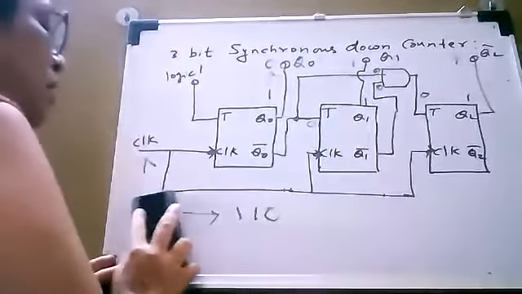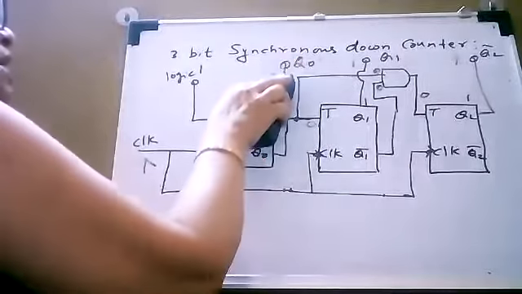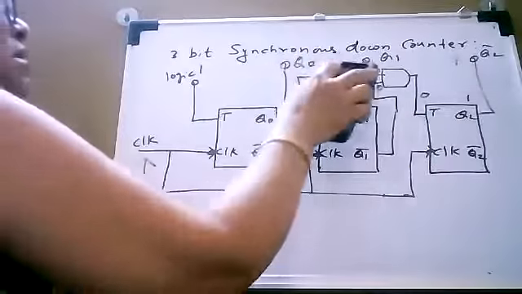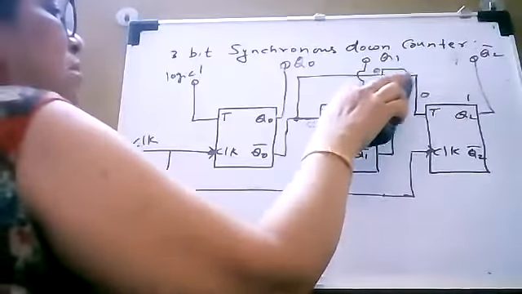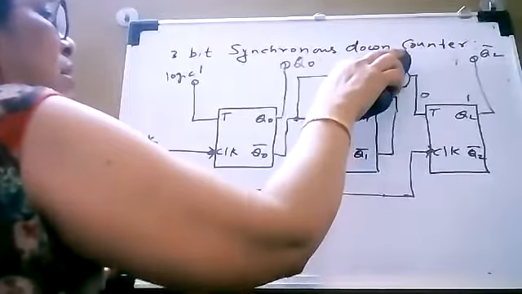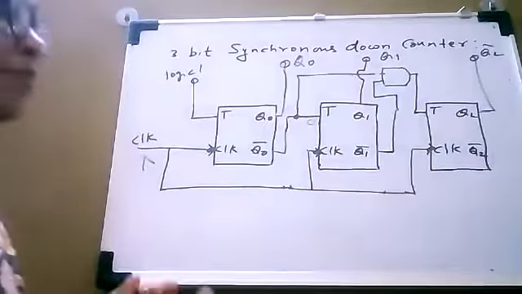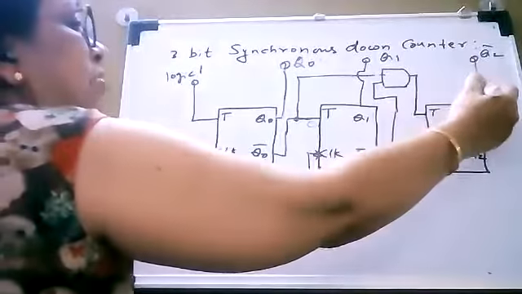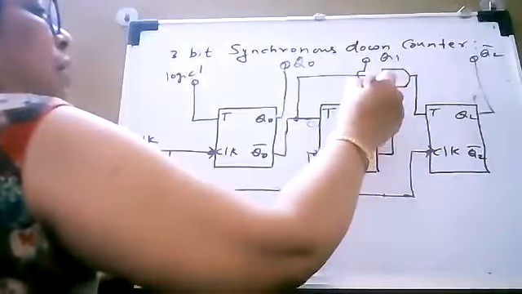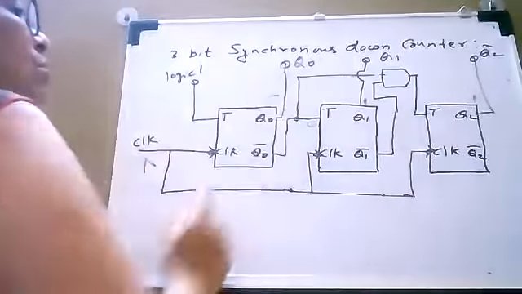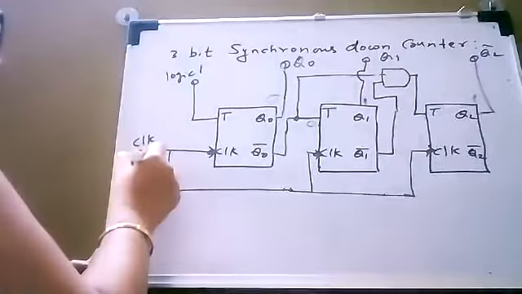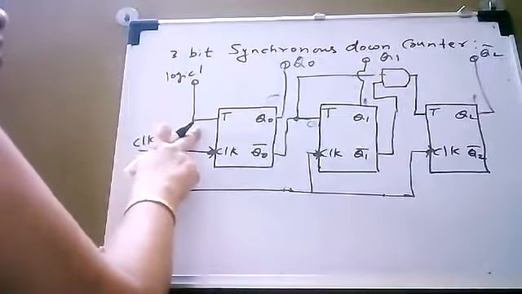Now, suppose again we consider the previous state as 110, and let us see what happens in this case. So our output state is 1, 1, and this is 0. This is our previous state, and we are applying the clock pulse here.